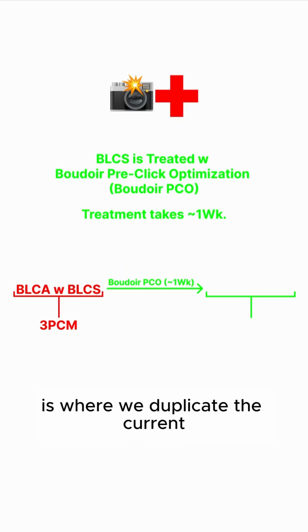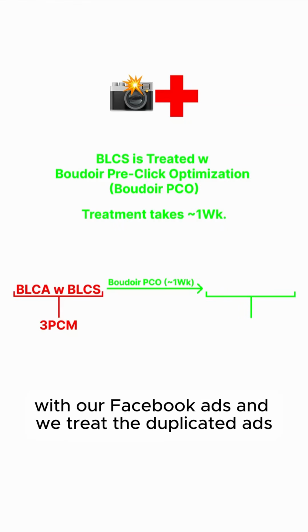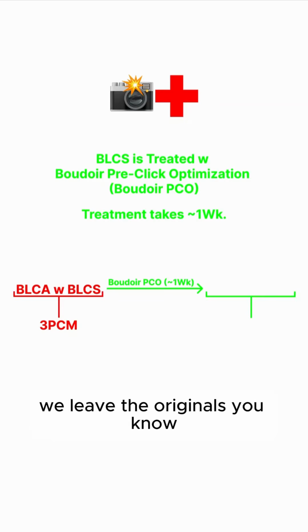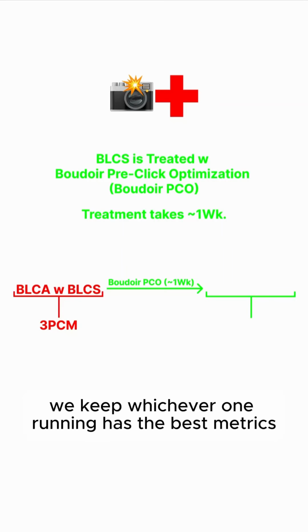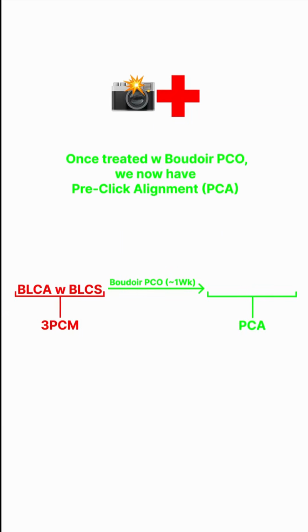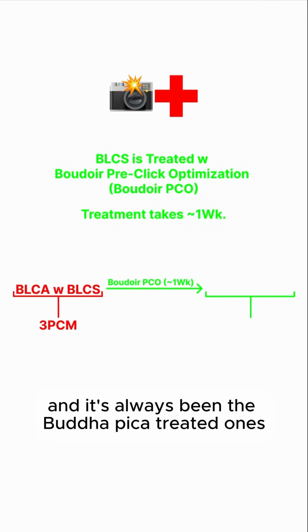This is where we duplicate the current boudoir Facebook ads and we treat the duplicated ads. We leave the originals on or off, whatever. At the end of the week, we keep whichever one running has the best metrics, and it's always been the Boudoir Pico treated ones.